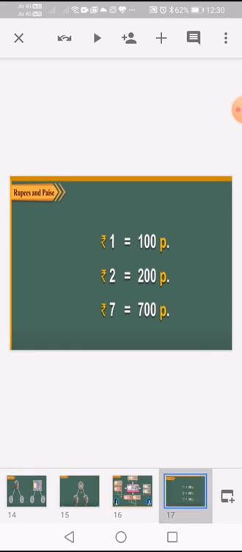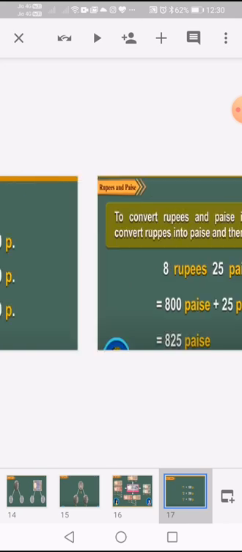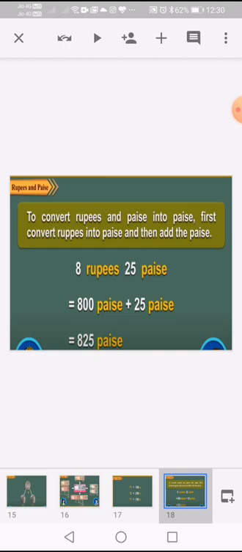Now rupees 1 is equal to 100 paisa, rupees 2 is equal to 200 paise, rupees 7 is equal to 700 paise. All of you will have to multiply with 100. Now to convert rupees and paisa into paise, first convert rupees into paisa, then add the paise.